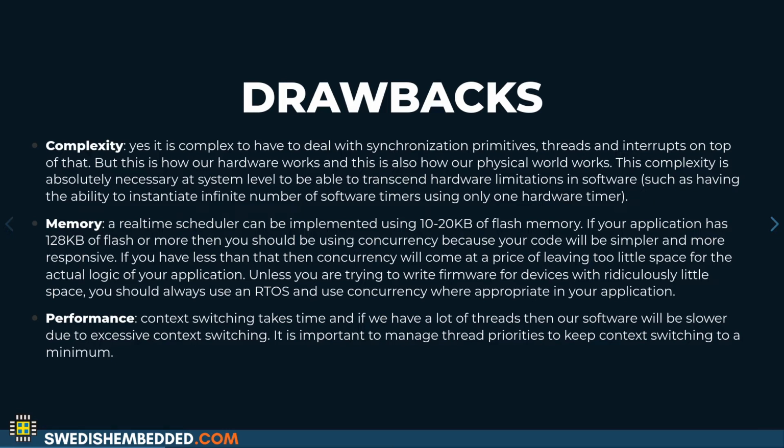But it's still additional overhead. So that's something to keep in mind. But if you have a CPU that has at least 128 kilobytes of memory, then you should definitely include some kind of RTOS at the bottom so that you get all the benefits of having concurrency at the base of your application.